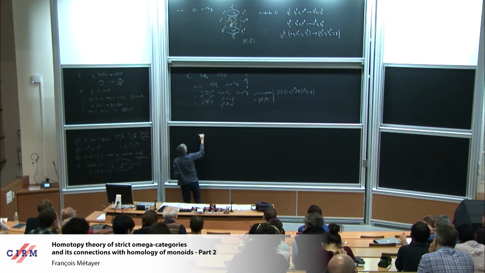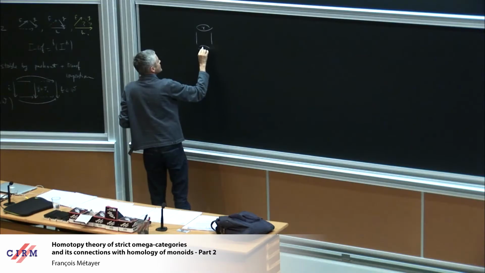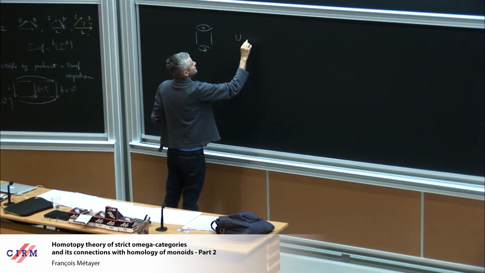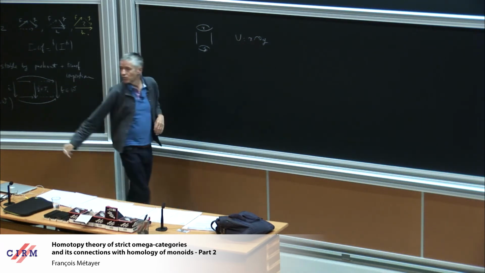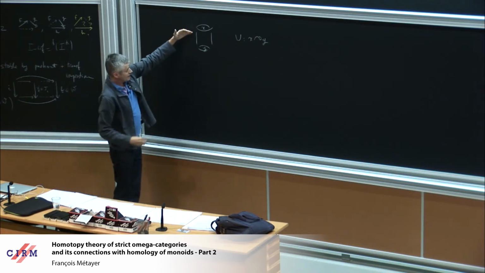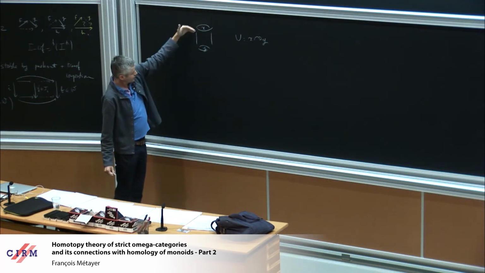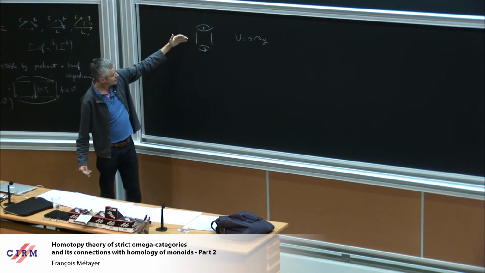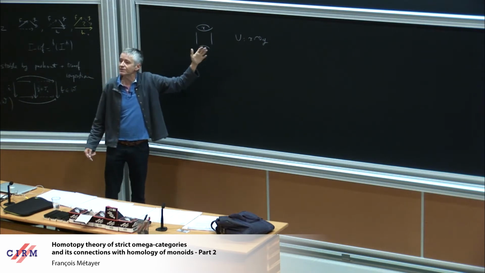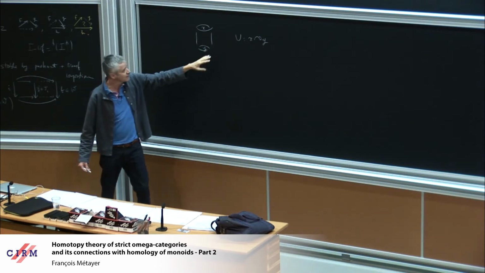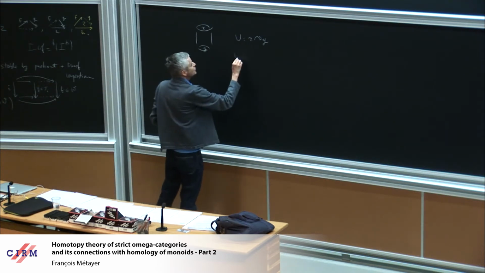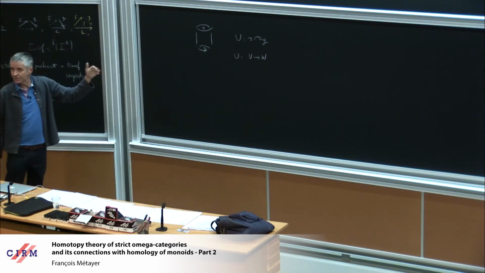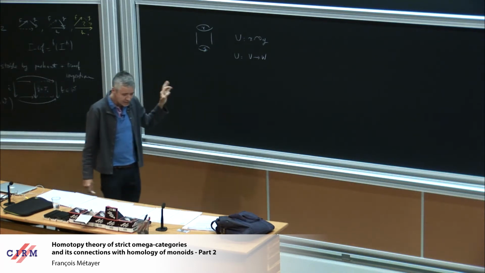When you have a cylinder U from X to Y, there is the front face and the bottom face, and they are themselves cylinders of one less dimension, and those are the source and target of cylinder U. So this U goes from V, say, to W as new cylinders. And you can check that this builds a globular set.